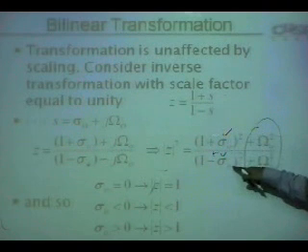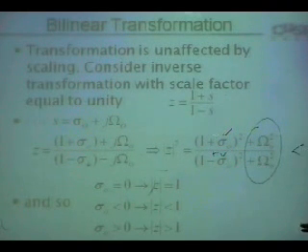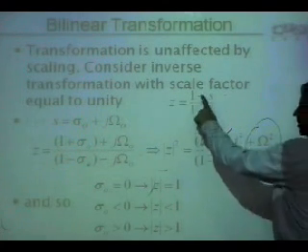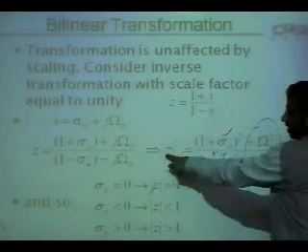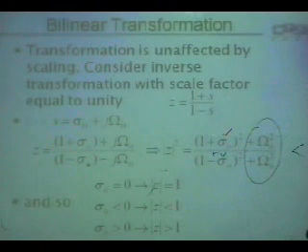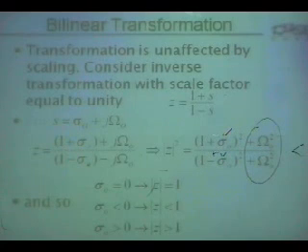A smaller thing divided by a bigger will always be less than 1. So this is a proof that if sigma is negative, this transformation will always result in a value of z which is less than 1. It will always be inside the unit circle, guaranteed. Sigma negative means inside the unit circle.